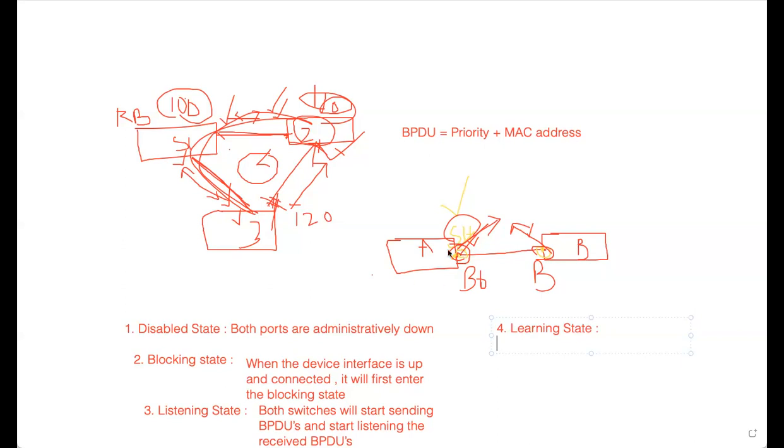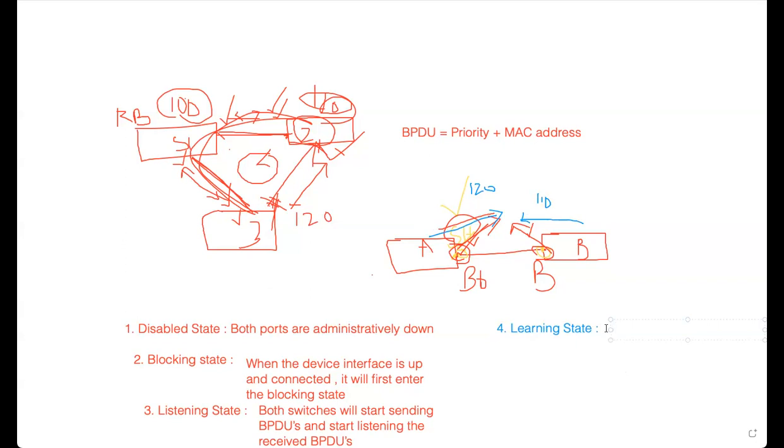For example, after exchanging the BPDUs, let's say this guy sent the BPDU with a value of 120 in the listening state. This guy will send the BPDU of value of 110 in the listening state. So both of them send the BPDUs. So what will happen in the learning state?